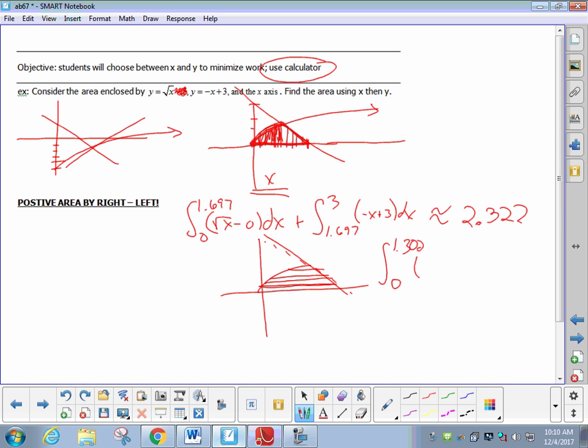And what's the integral, right minus left in y terms? This would be x equals negative y plus 3, and this is x equals y squared. So what's right minus left?